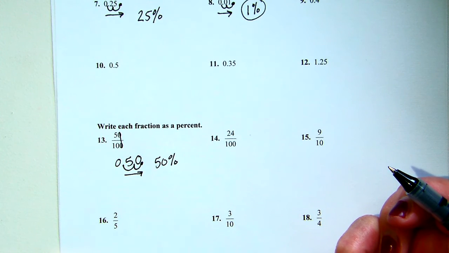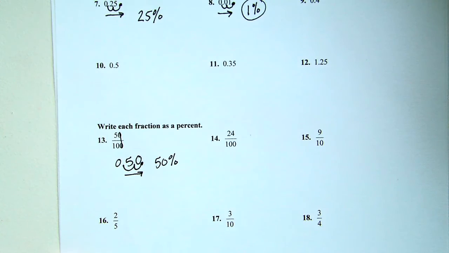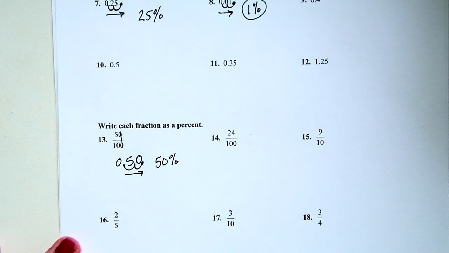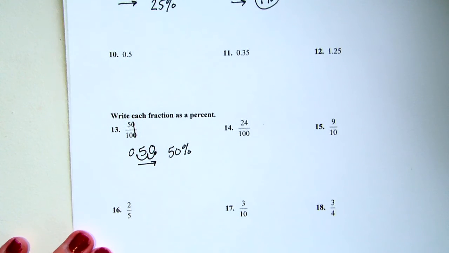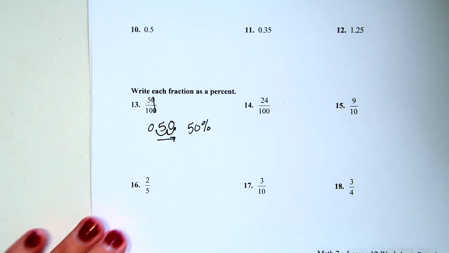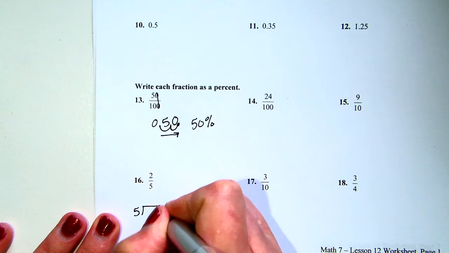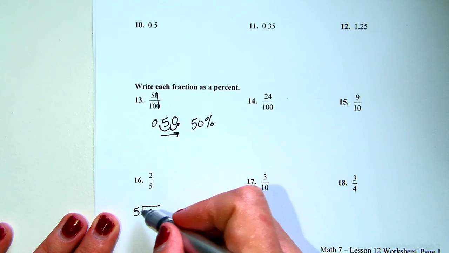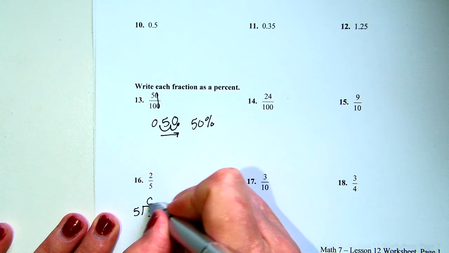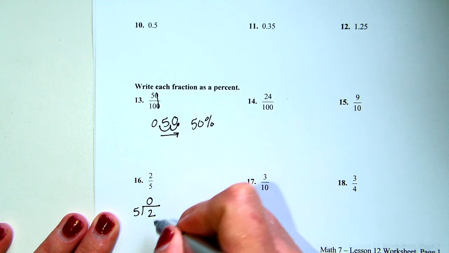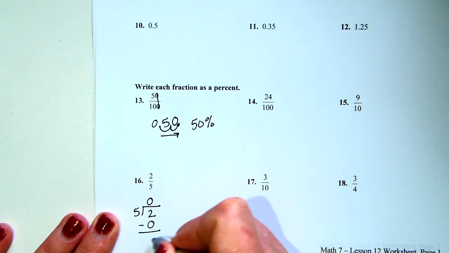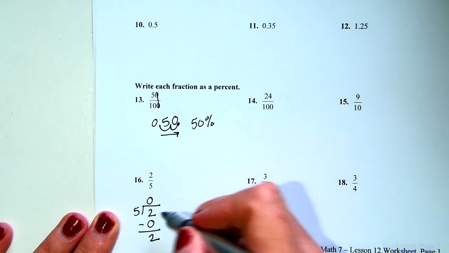Now, let's go ahead and do, say, 2/5, case number 16. For 2/5, we've got 5 on the outside, 2 on the inside. 5 can't go into 2, so we're going to put a 0. 0 times 5 is 0, so we're going to subtract and we get 2. But now we have to bring down some of those imaginary zeros.